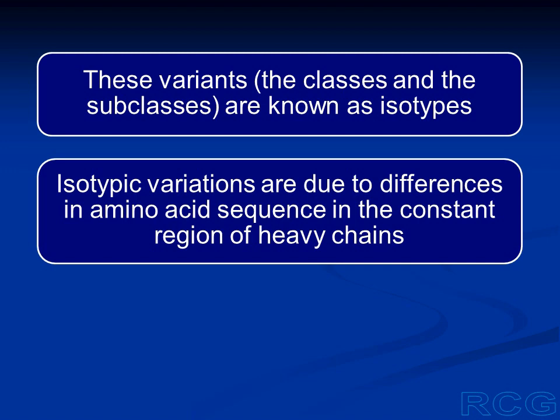IgD is one isotype, IgE is one isotype, and IgM is one isotype. Now the differences in the isotypes lie in the amino acid sequence of the constant region of the heavy chains.